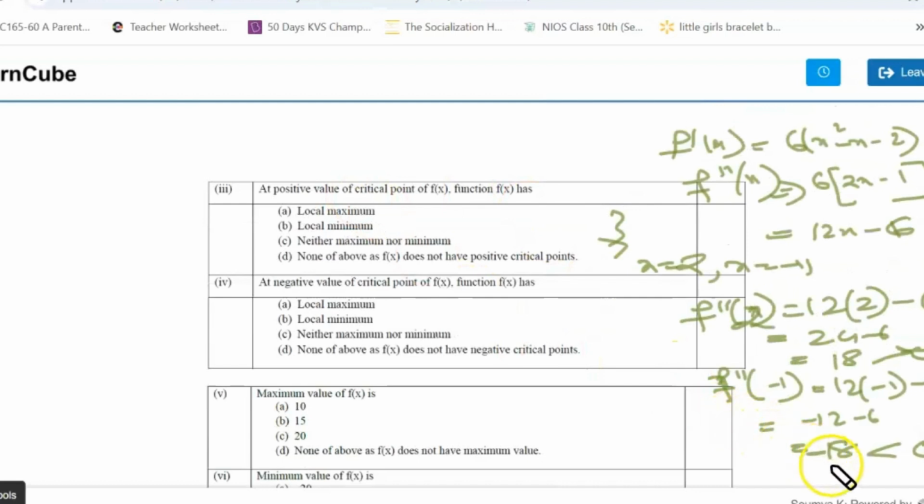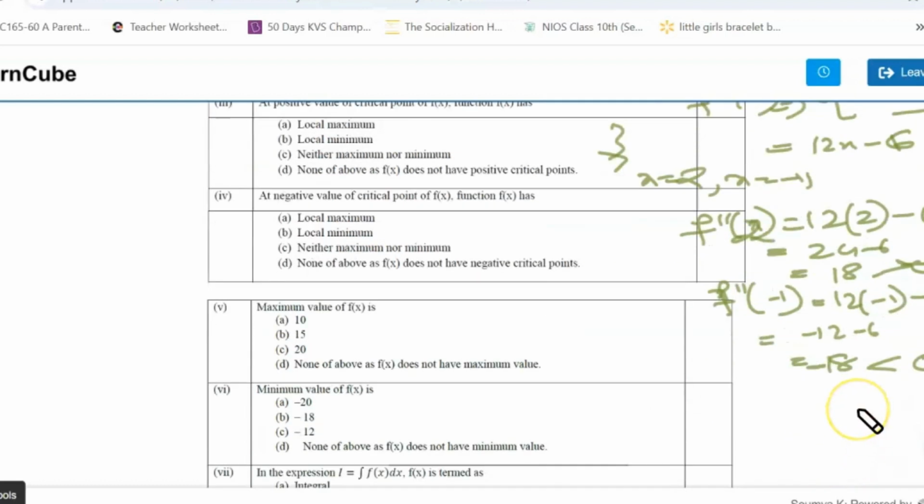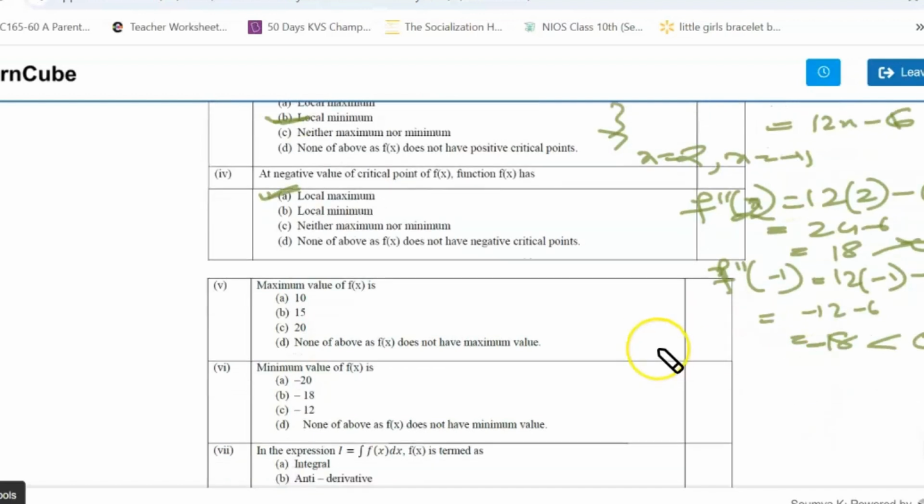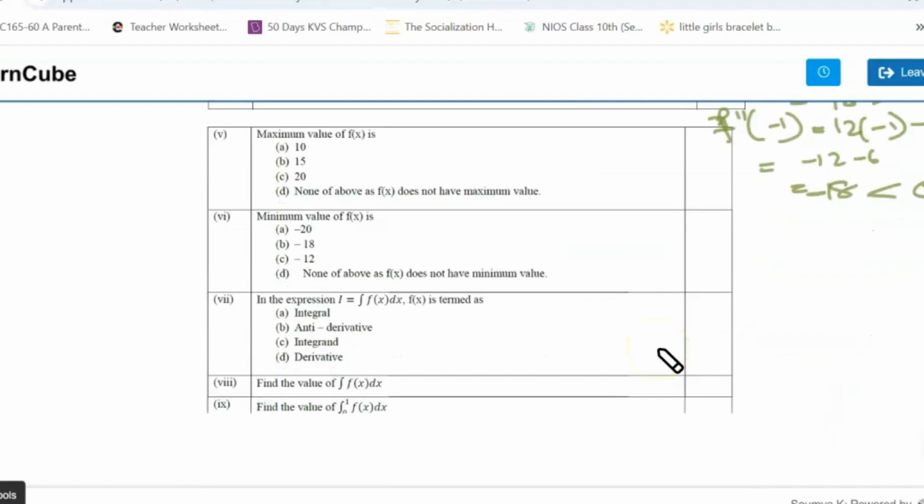So the positive critical point, which is 2, is a local minimum. And at the negative value, that is minus 1, you are getting a local maximum. This is how you have to solve these 2 questions. Now the maximum value of f of x is the next question.